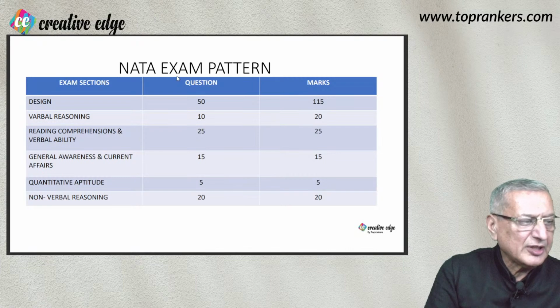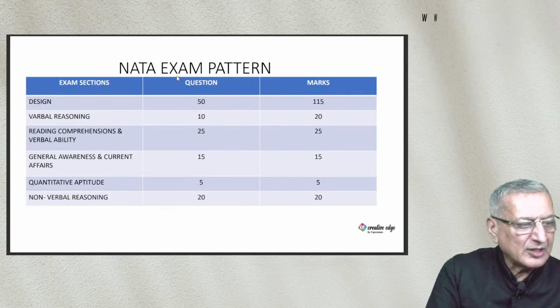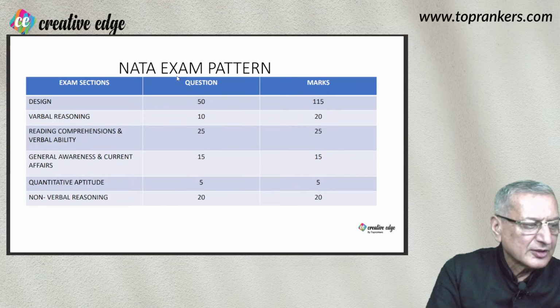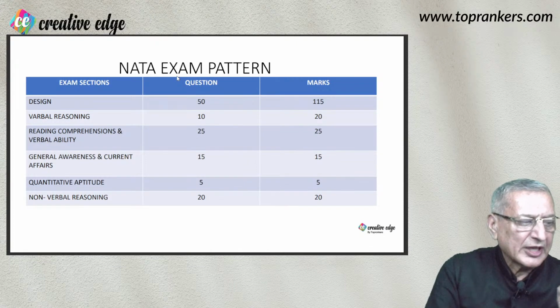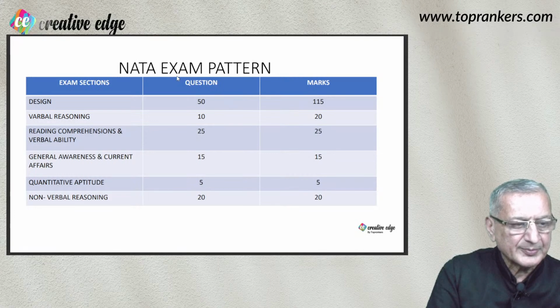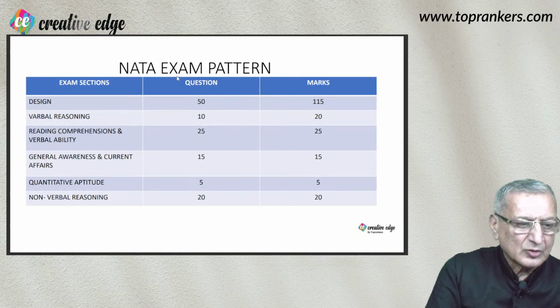Then verbal reasoning, reading comprehension and verbal ability, general awareness and current affairs, then quantitative aptitude and non-verbal reasoning. So 125 questions, 200 marks.